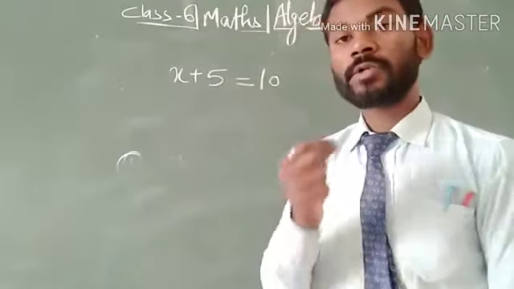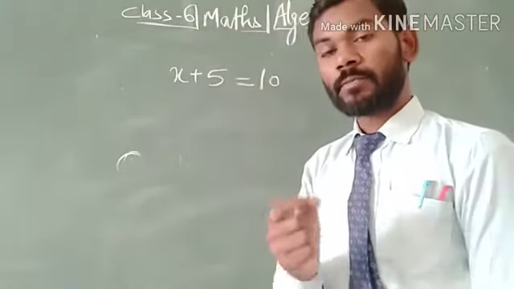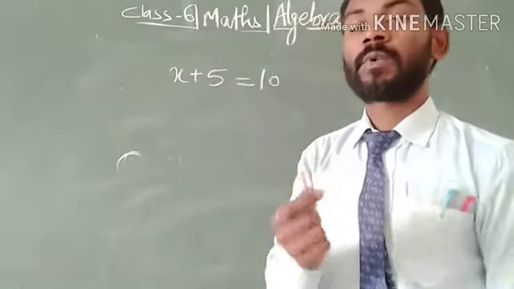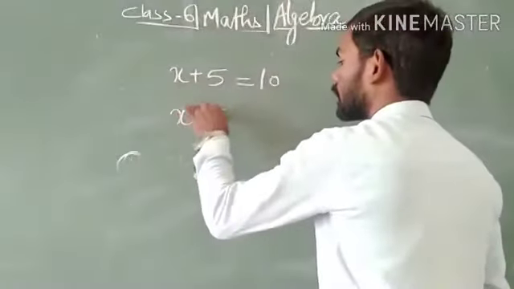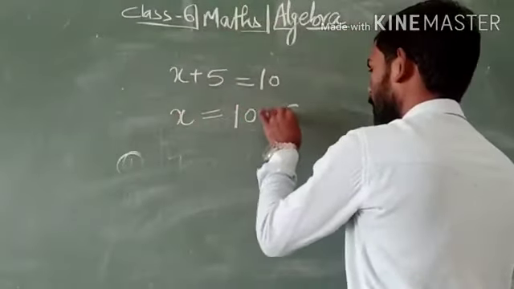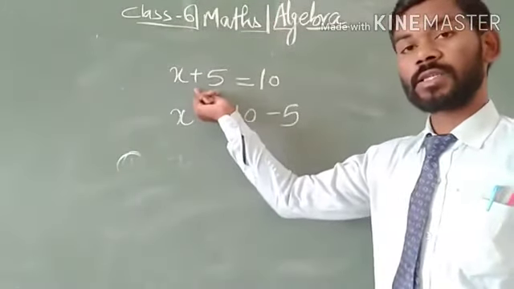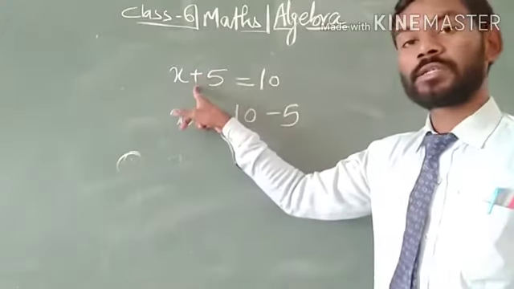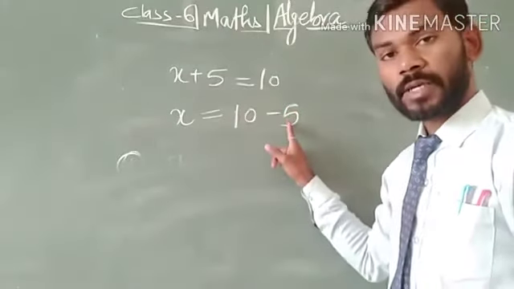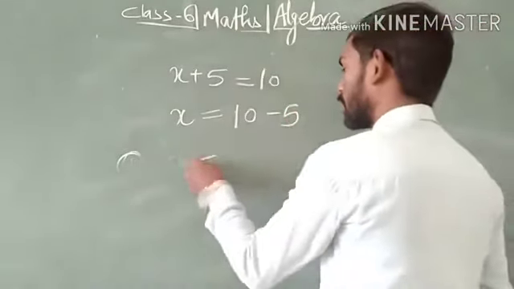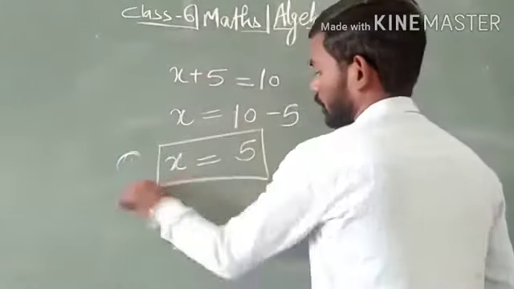So here we just transfer the term having no x, and hence we get x is equal to 10 minus 5. How does it become minus? In the left hand side you can see easily that the sign is plus. So whenever it is transferred to the right hand side, it becomes negative. And here we get 10 minus 5 is equal to 5. That is the value of x.